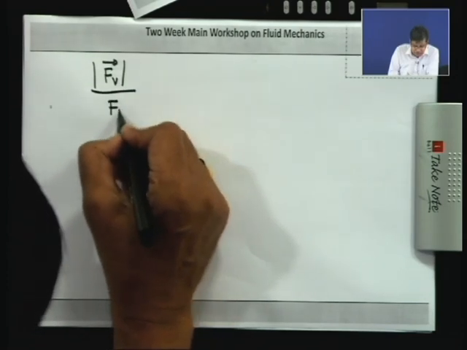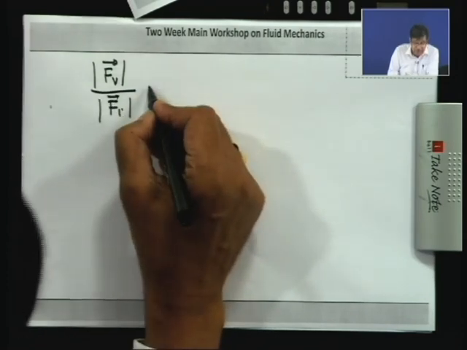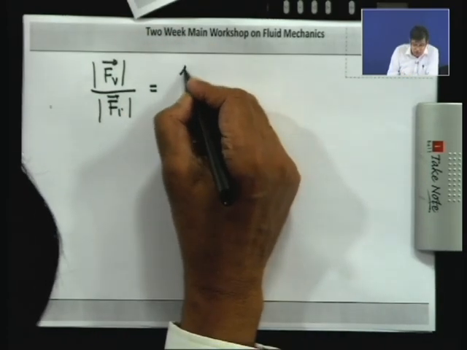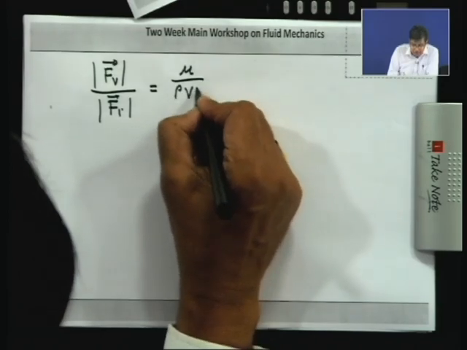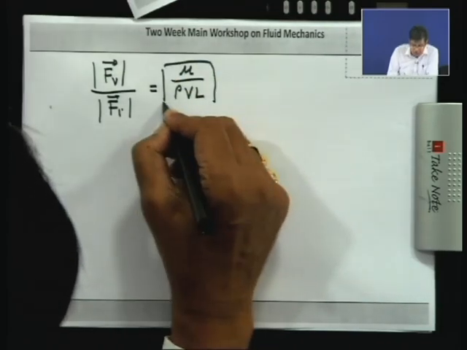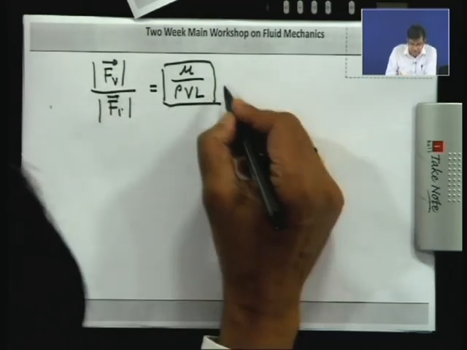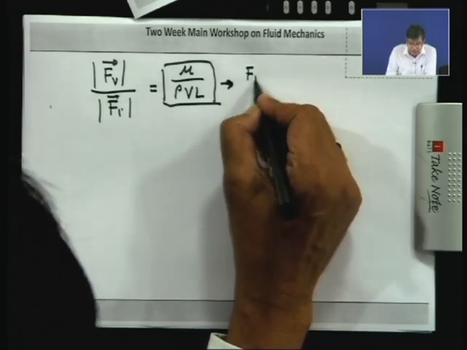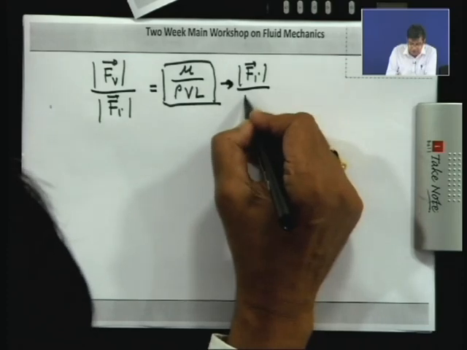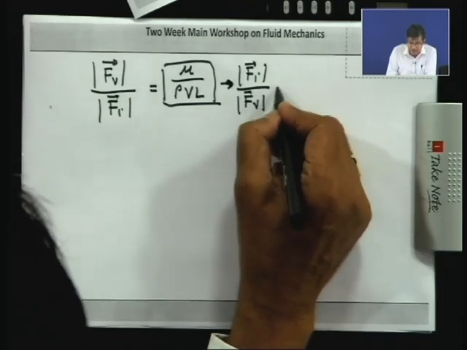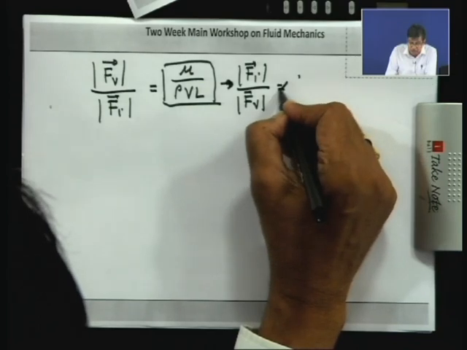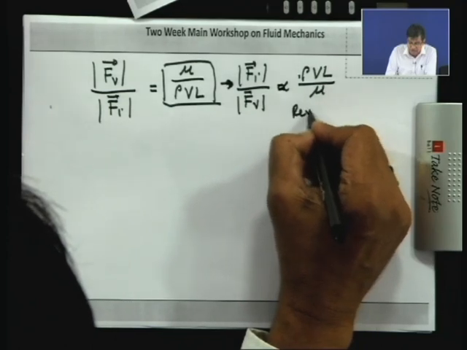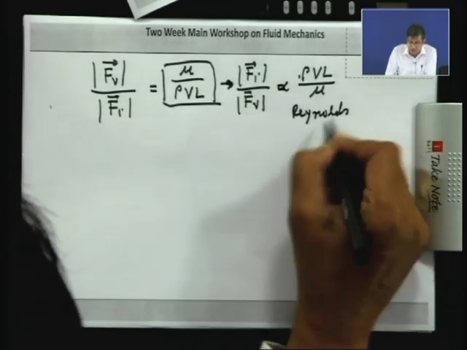If we make the ratio of viscous to inertia force, as we have done, we will get mu by rho V L. This is a dimensionless group which represents the ratio of viscous to inertia force, and the reciprocal of this, that is Fi by Fv, is proportional to rho V L by mu. This is known as Reynolds number, that you already know.